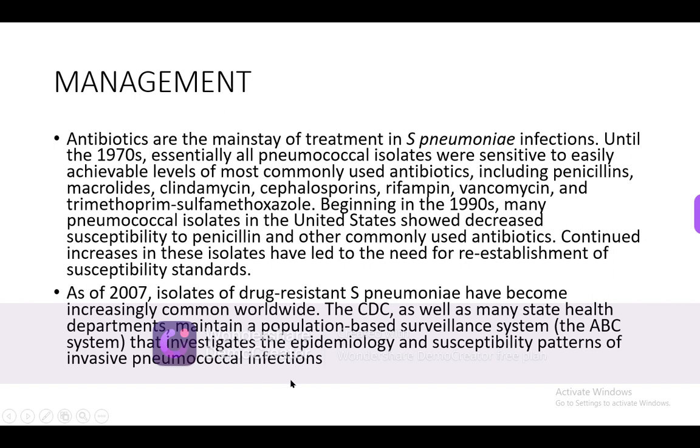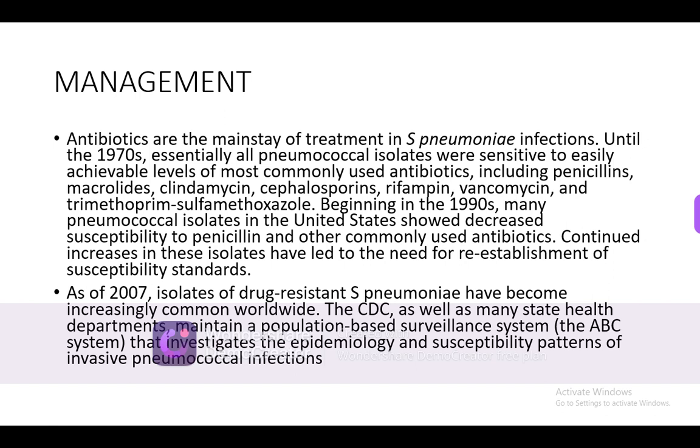After 10,000, 20,000, 30,000, 1 million population studies, they will declare this drug is safe, is effective, you can use it by prescription, how much, etc. They said this combination of amoxicillin with clavulanic acid is the first drug of choice in most geographical areas of the world.